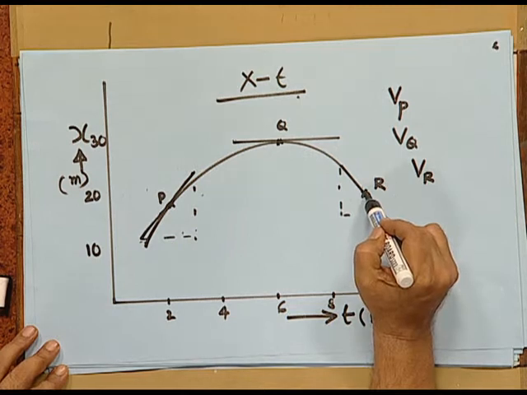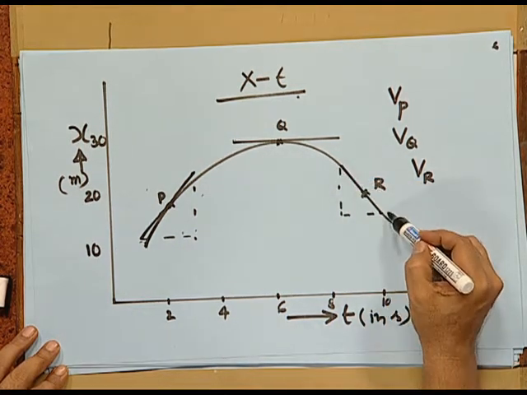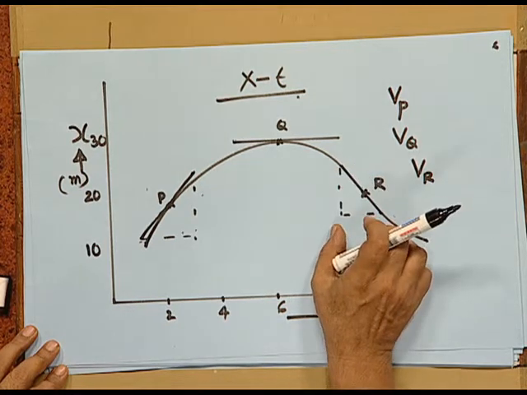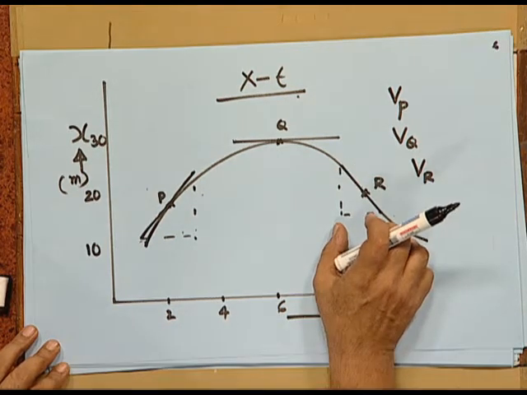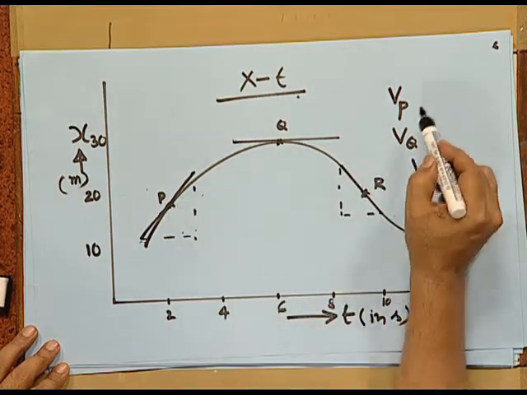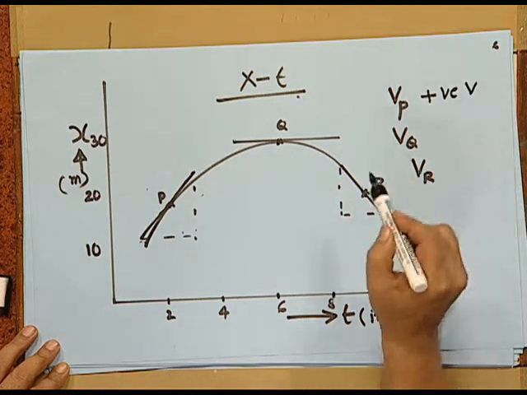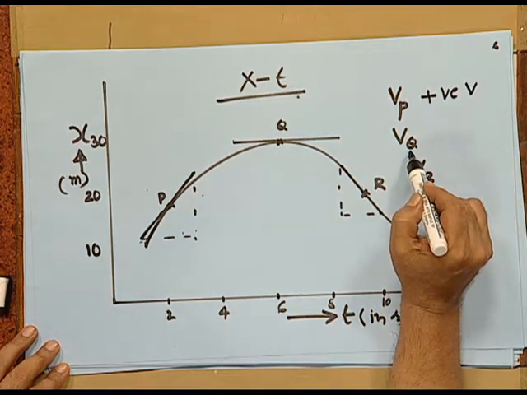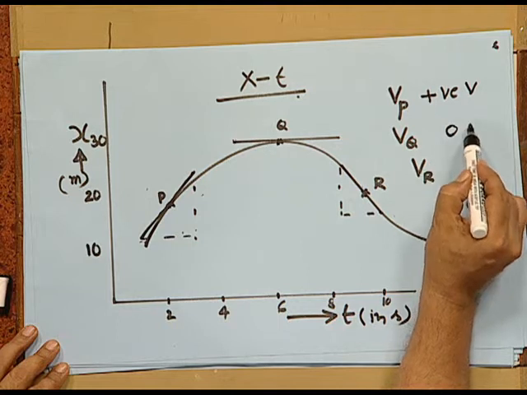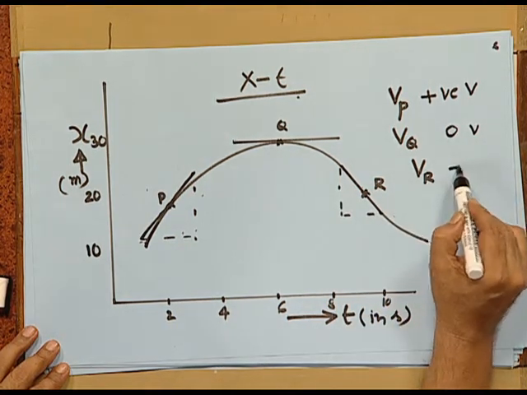Look at this point R. If I draw a tangent that almost coincides with the curve, the slope of this tangent is negative. It means at point P, the object has positive velocity, at point Q the object has 0 velocity, and at point R the object has negative velocity.